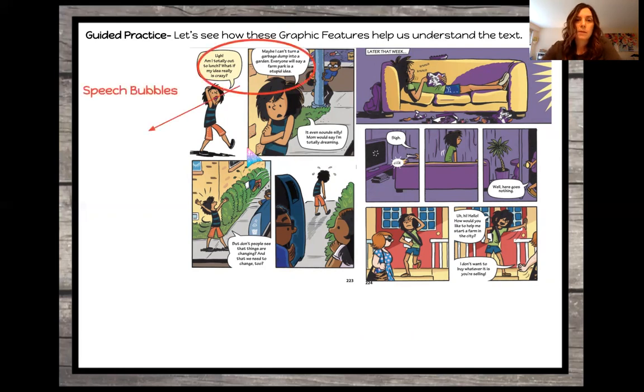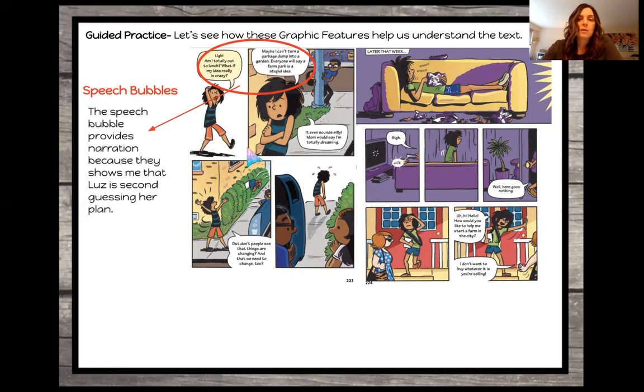So right away, we have some speech bubbles. And in this example, the speech bubbles provide narration for us because they show me that Luz is second guessing her plan. Now I'm going to keep reading. Luz says, but don't people see that things are changing and that we need to change too?